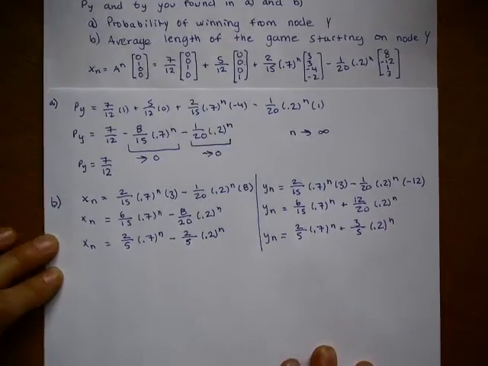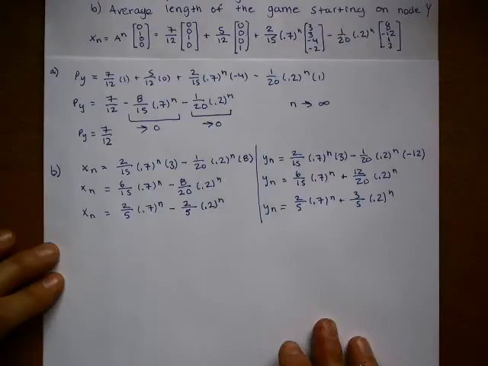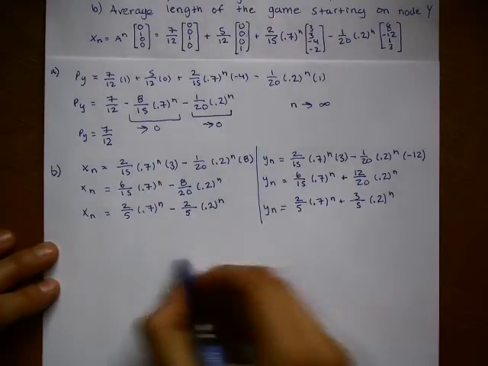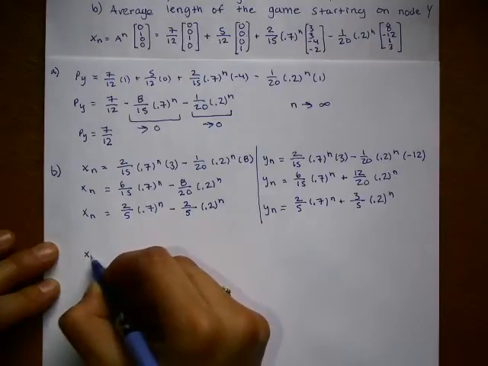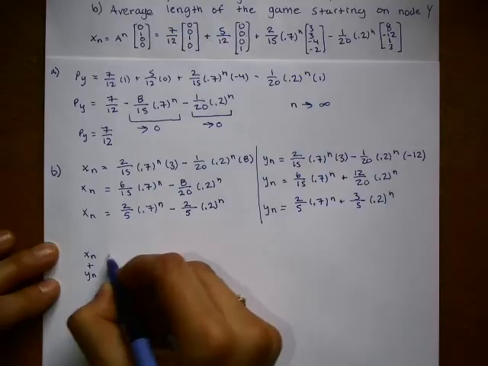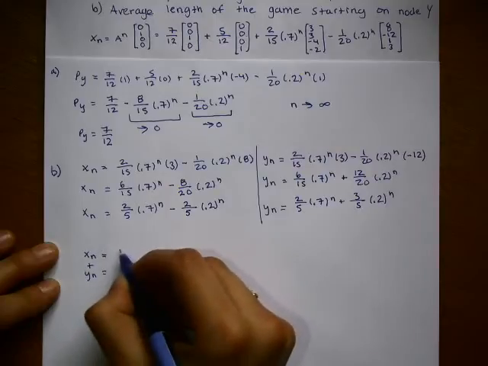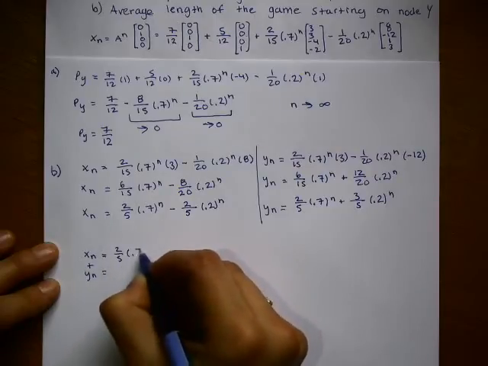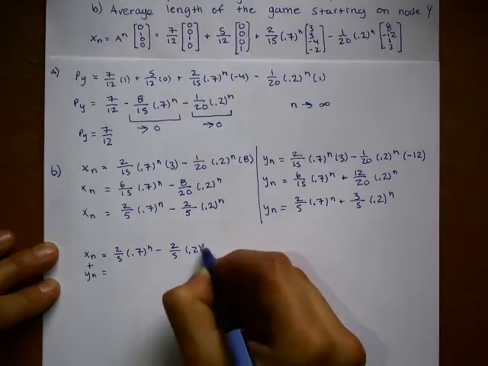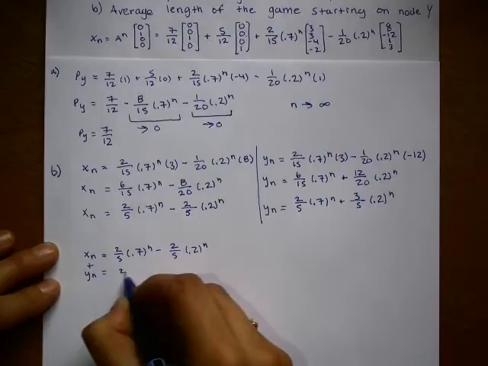And now because we're interested in the average length of the game, we're interested in basically how long you stay on node x and node y. So we're going to add these two up. I'm just going to write it this way just so you can see the adding. So I'm just rewriting xn here and rewriting yn.